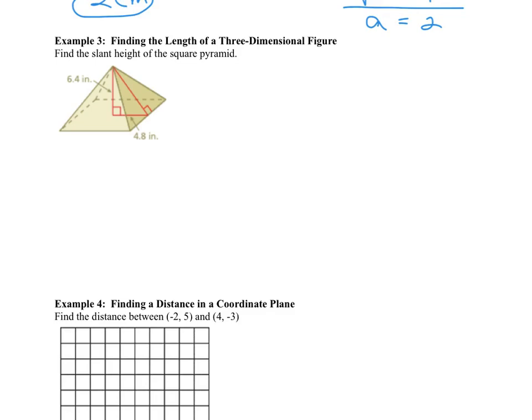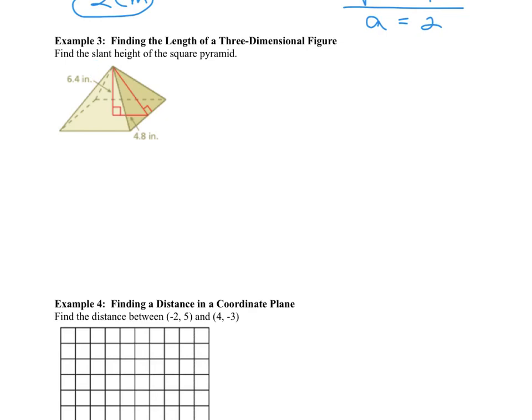And by looking at this, we can use the Pythagorean Theorem. So we first have to note that we see a right triangle. That's first. Now, which are my legs? Well, again, the ones that are forming this right angle on the inside are my legs. So the 6.4 is one of those sides, and the 4.8. What we don't know is this line right here, which is our hypotenuse, which in this case is also this slant height.